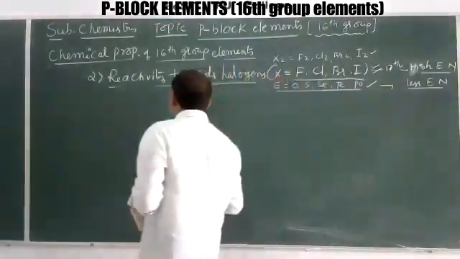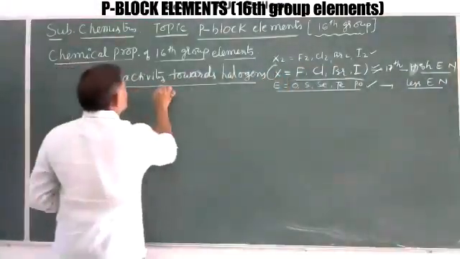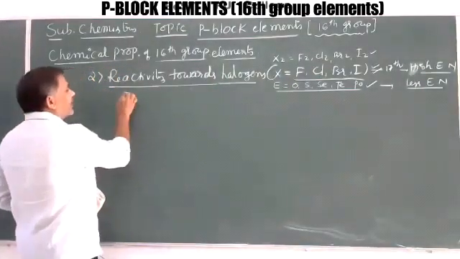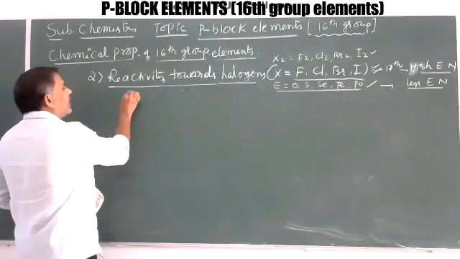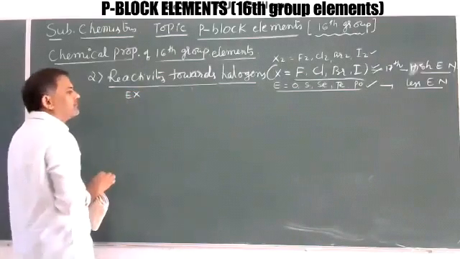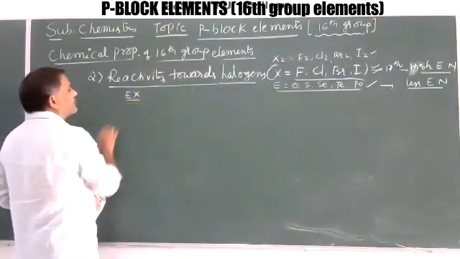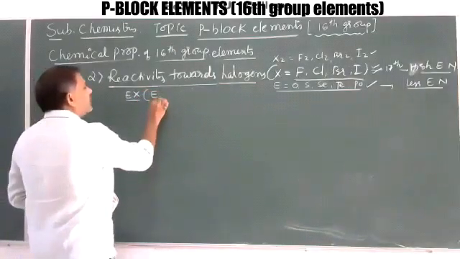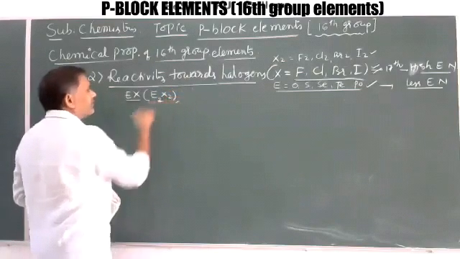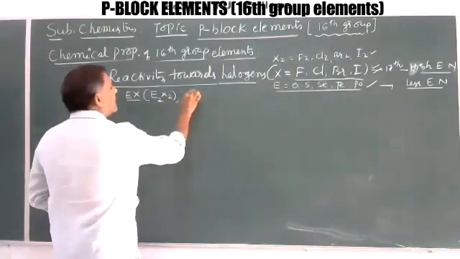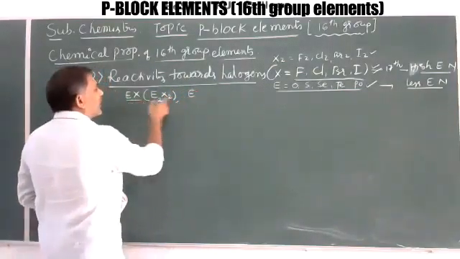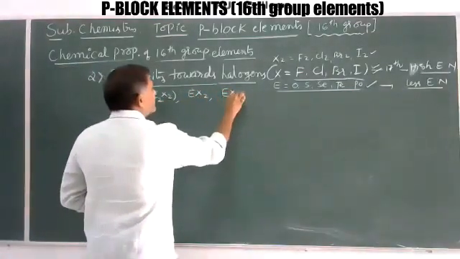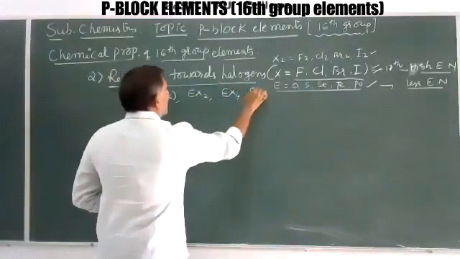On that basis, when these 16th group elements combine with the 17th group elements, they generally form EX type, that is monohalides. These monohalides dimerize to give E2X2 type. Like monohalides, dihalides, trihalides, and hexahalides.